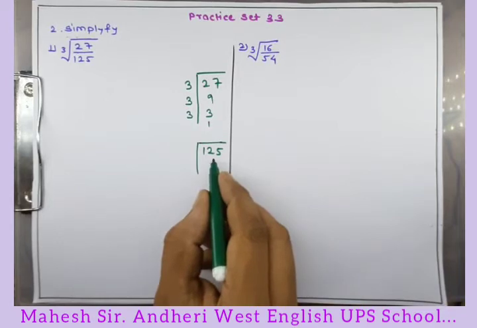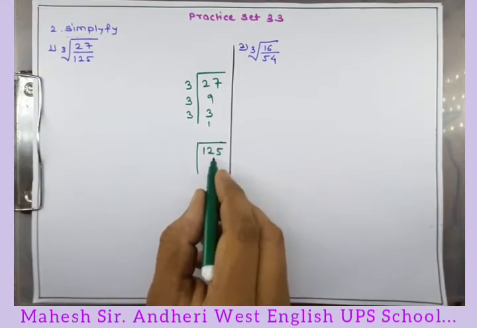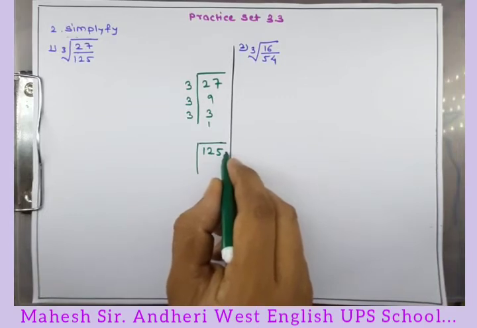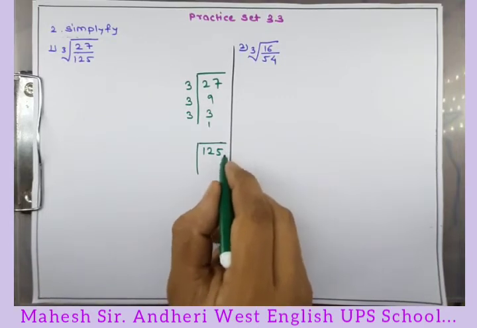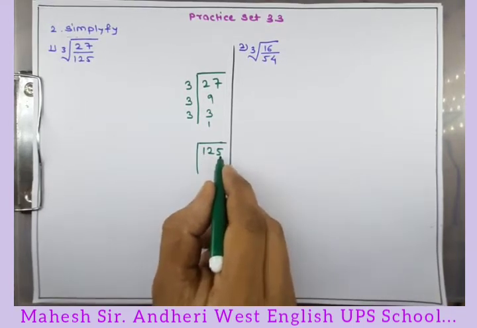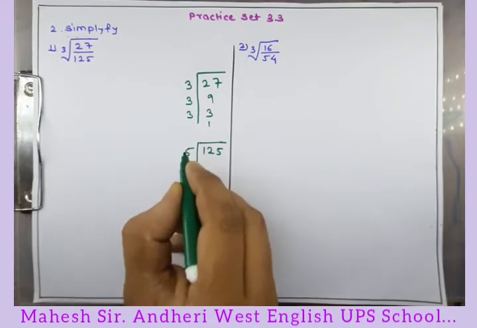Next prime number is 5, right? At the ending 5 is there, and we know the test of 5: if at the unit place 0 or 5 is there, then that number is divisible by 5. So 125 is divisible by 5, right?